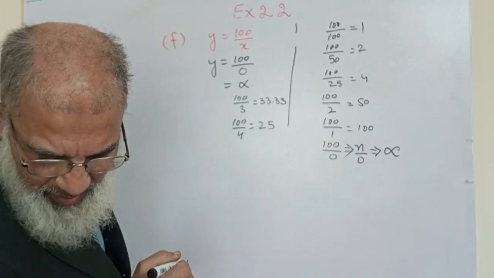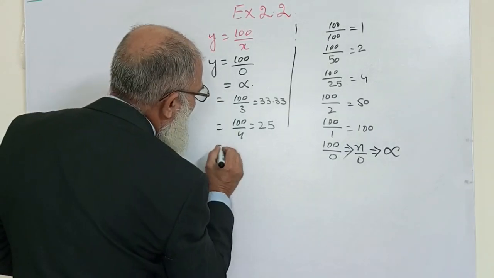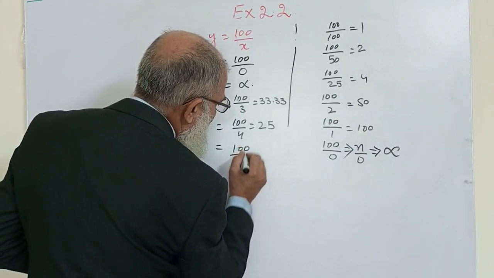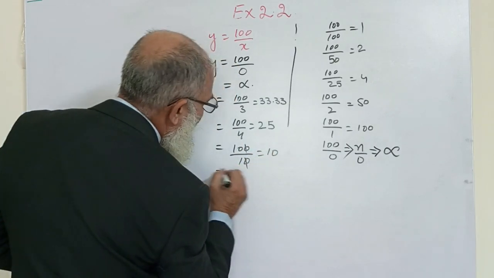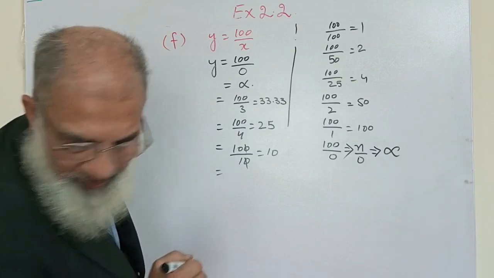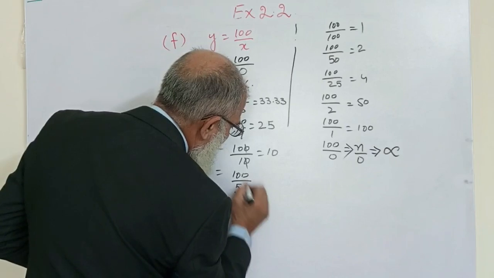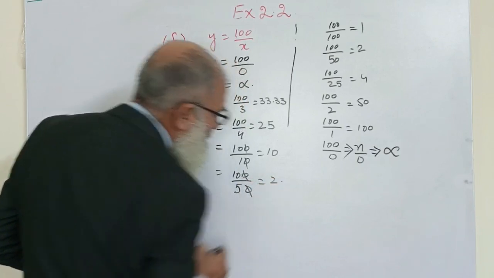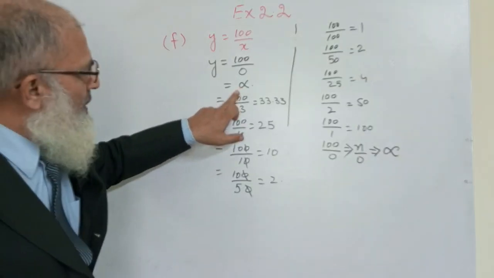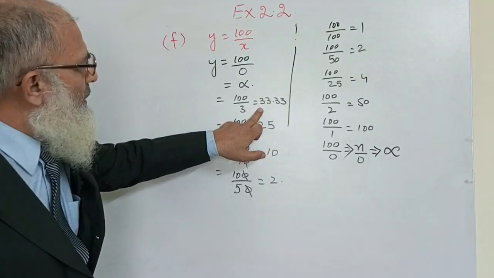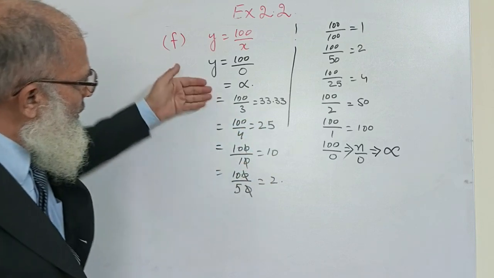And for 10, it will become 10. And for 50, it will become 2. Now these are the corresponding values: infinity, 33.33, 25, 10, and 2.